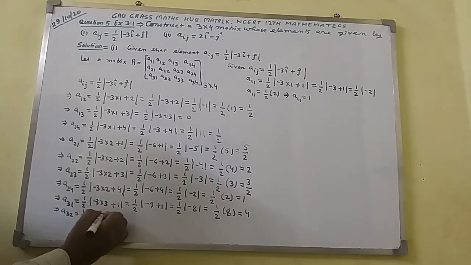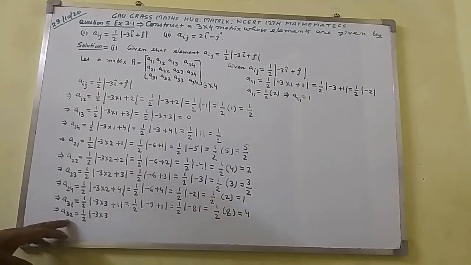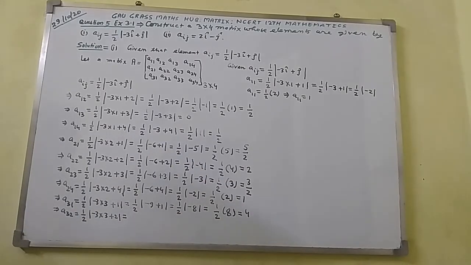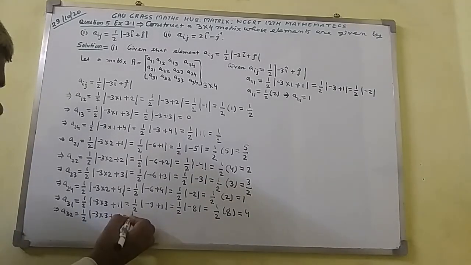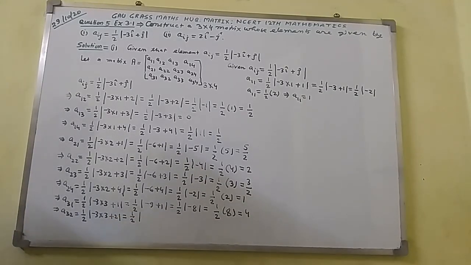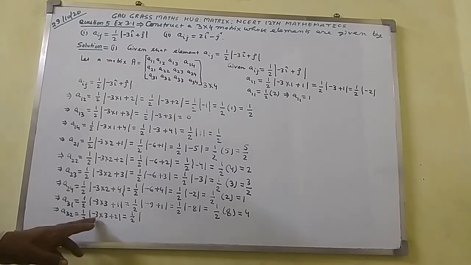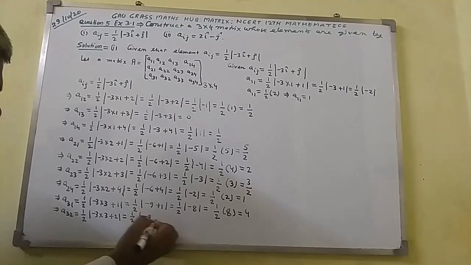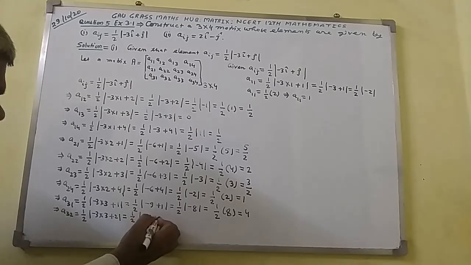So I shall write 3. A value of column position, I shall take plus 2. So you will get 1 over 2 mod minus 3 will multiply to 3, we will get minus 9 plus 2.